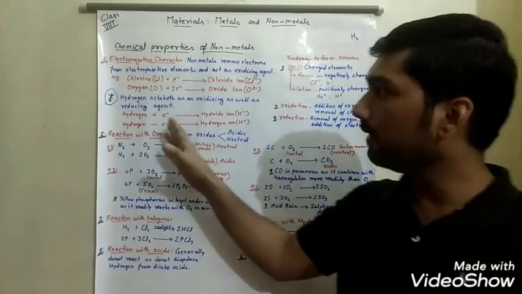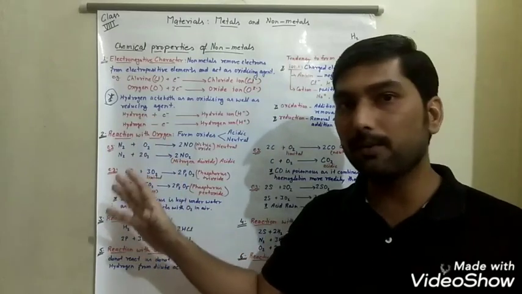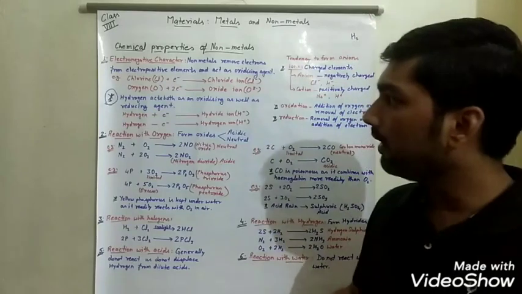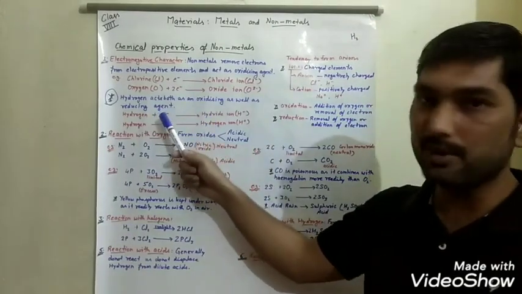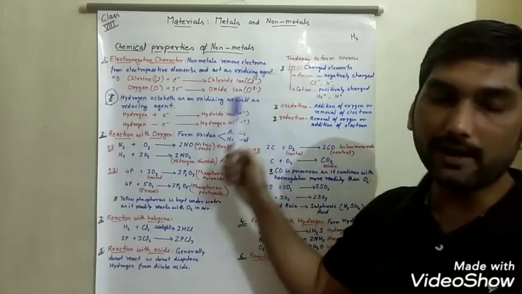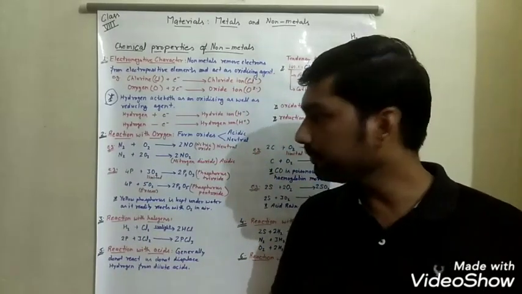So only hydrogen behaves as both an oxidizing as well as a reducing agent, but other than hydrogen, all the non-metals have a tendency to work as oxidizing agents.